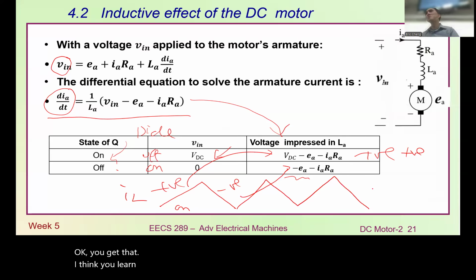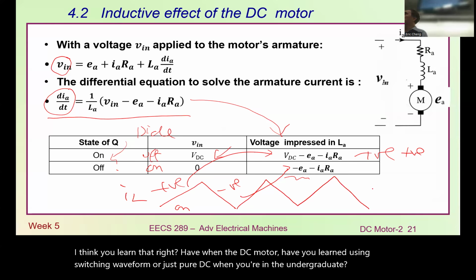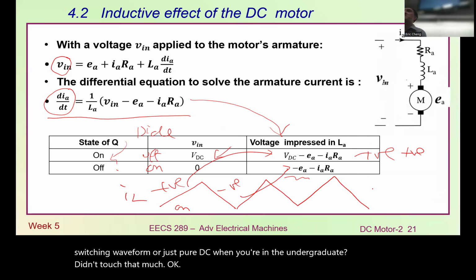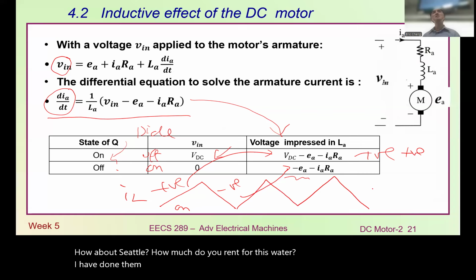I think you learned that, right? When you were an undergraduate, did you learn about the DC motor using a switching waveform or just pure DC? Didn't touch that much. Okay. How about Shito? How much did you learn about the DC motor? I have not learned the DC motor, but I have learned some converters, including the current change in the inductor.